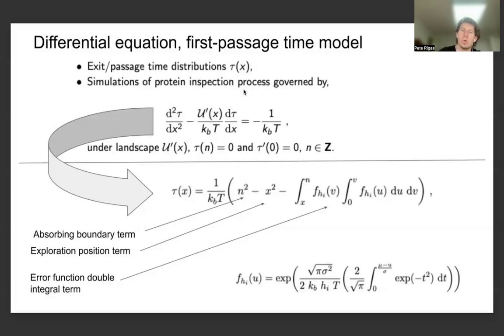Namely, we're taking the derivative of some landscape potential term and normalizing by the Boltzmann constant times the temperature. And then the remaining term is just -1 times the reciprocal of the Boltzmann constant times the temperature.